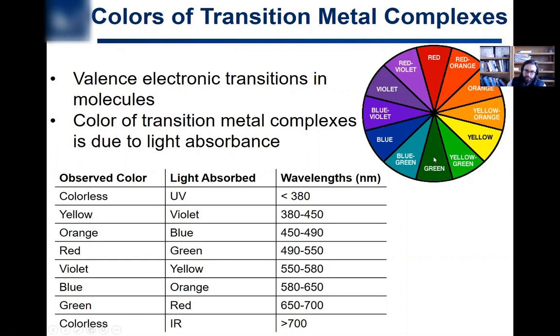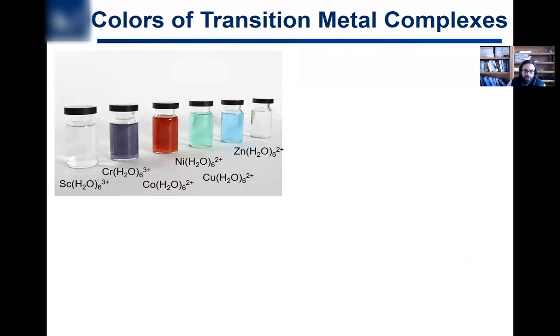If you're absorbing green light, your compound is going to be red. If you're absorbing only ultraviolet or infrared light, your compound is going to be colorless because you can't see that. Maybe some other animals with different types of eyes can see ultraviolet and infrared. That is indeed true. For example, it's well known that pigeons can navigate by using ultraviolet light. So quite interesting.